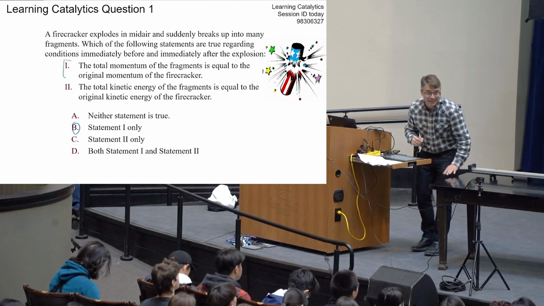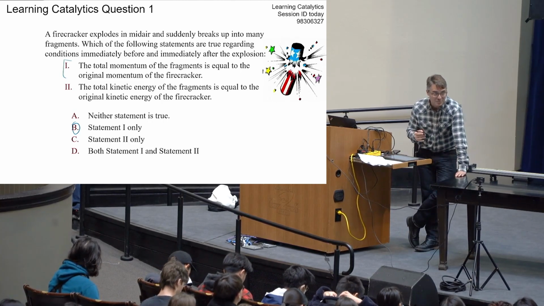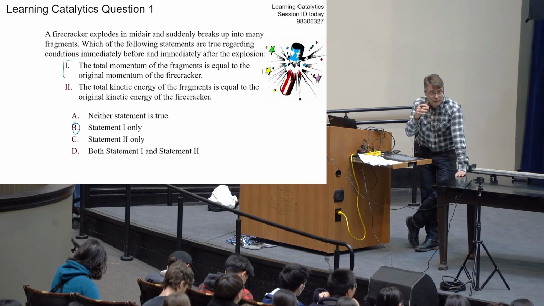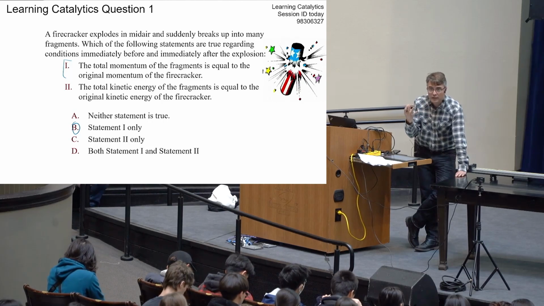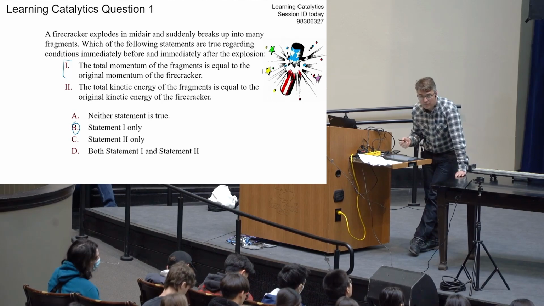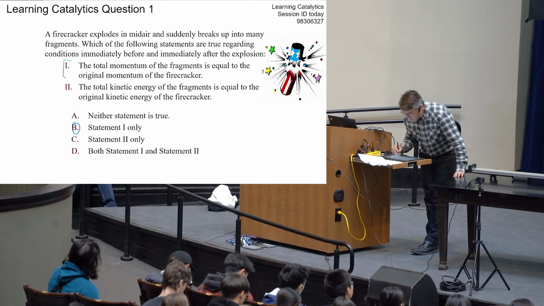Certainly there's far more kinetic energy after it explodes than just before, because the chemical energy stored in the gunpowder is converted into kinetic energy when the thing explodes. That's what an explosion is: a creation of a bunch of kinetic energy. But it can't change the momentum.